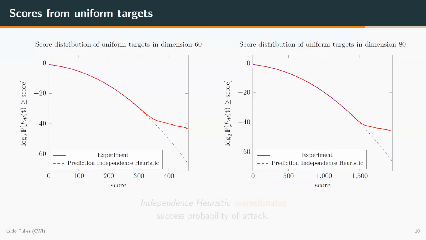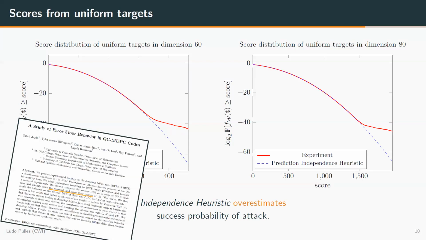At some point, it seems to hit the floor and then decay much slower than expected based on the independence heuristic. This means the success probability of the attack is much smaller in practice than predicted. And why? Because this score is going to be large with a larger probability than predicted for a uniform target, so there's a higher chance that the attack picks the wrong one.